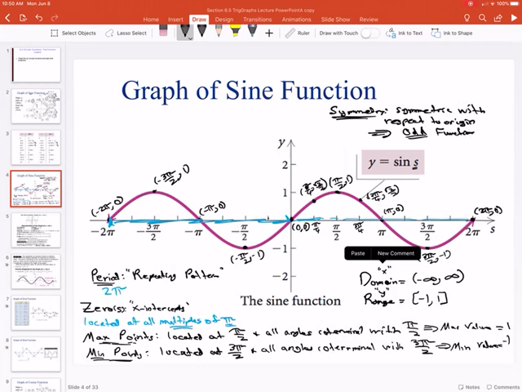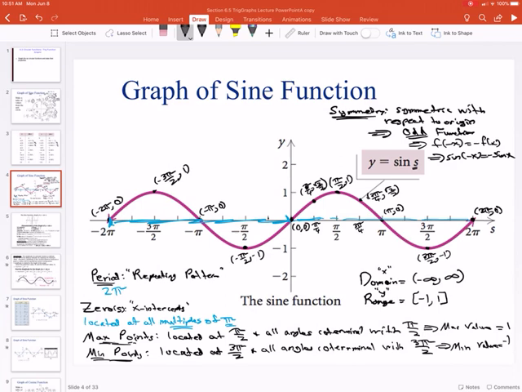Odd function, graph symmetric to the origin. With that said, this odd function, you remember back in our algebra course, we know that f of -x equals negative f of x. So that implies the sine of -x equals negative sine x. That's true with odd functions. So a little review there.